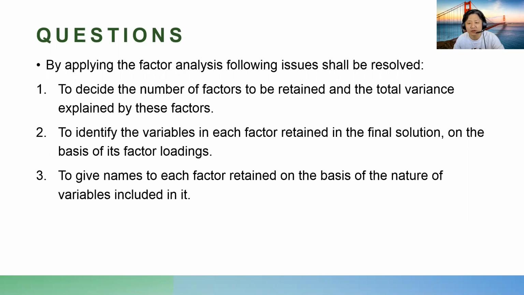Which items belong to which factor? Third, based on these results, we can give names to each factor retained on the basis of the nature of the variables included in it. Do you understand the questions?